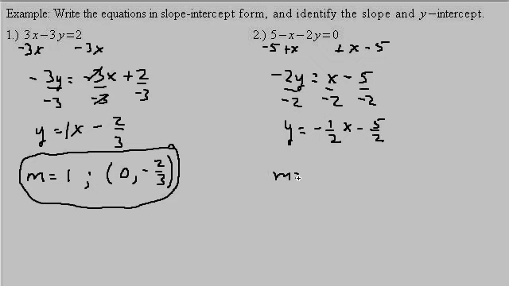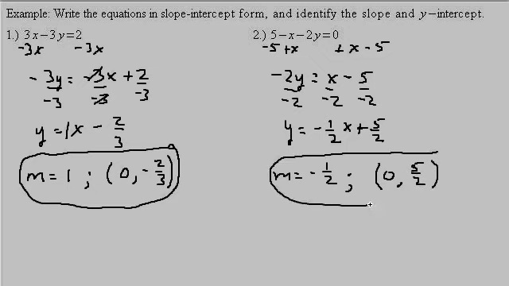So the slope is -1/2, and the y-intercept, I'm sorry, this negative and negative, that should be plus 5/2, and my y-intercept is (0, 5/2), and there's my answer.